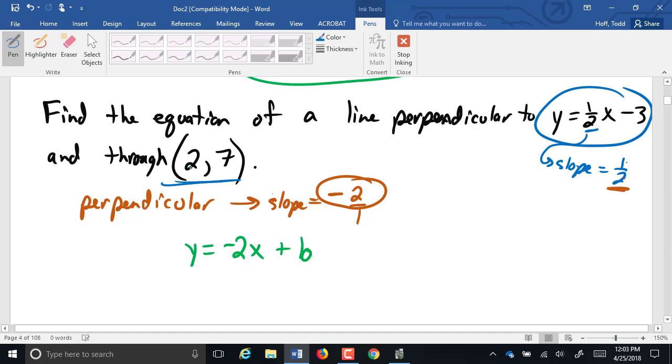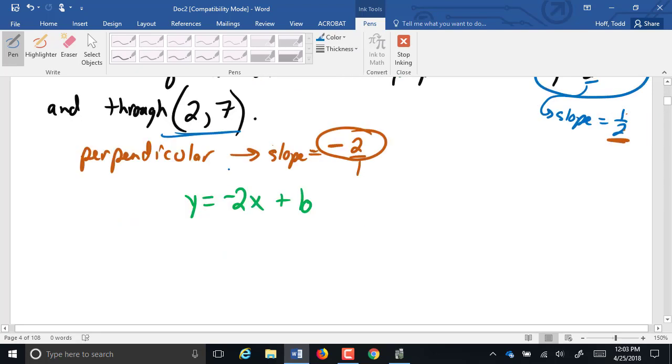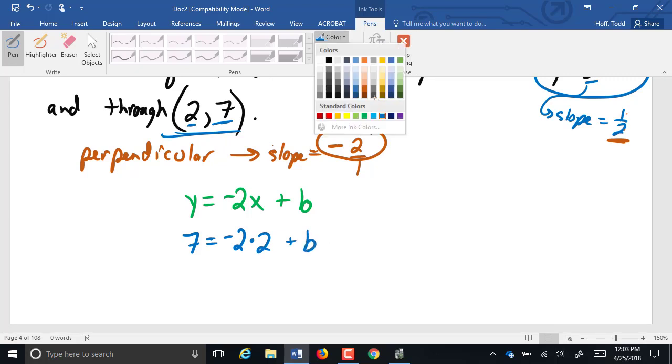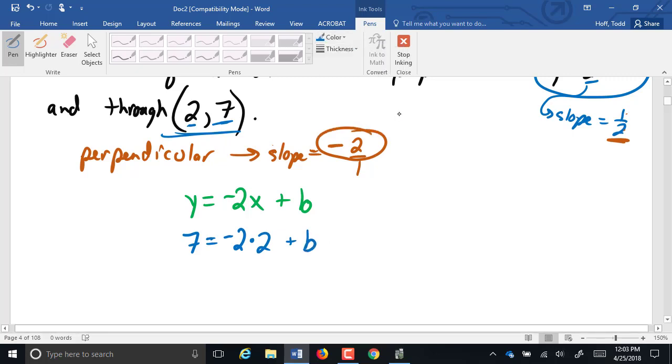I'll find that using this point, 2, 7. I have to go through that point, so that point has to make the equation true. So y is 7. So 7 equals -2 times x is 2 plus b. -2 times 2 is a -4 plus b.